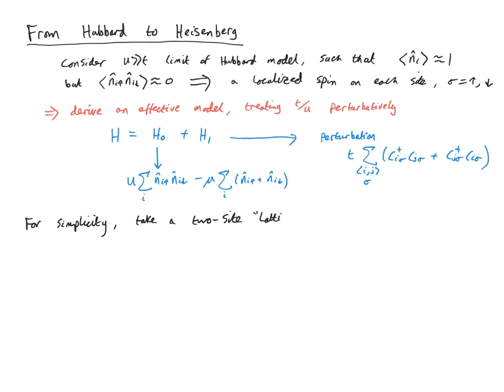Once we know the result for two sites, to second-order perturbation theory at least, we'll be able to extend it to the entire lattice. So this two-site lattice that I've put in inverted commas here involves just two orbitals. There's a tunneling T between them, and then there's a local interaction U on each of the two orbitals. And of course, there's an overall chemical potential acting on the whole system, which allows you to shift the energies.